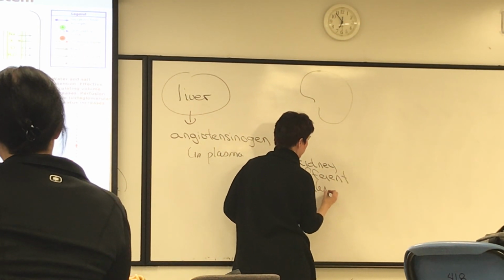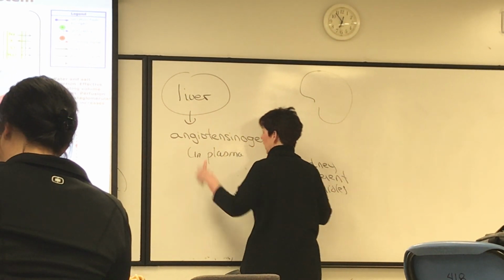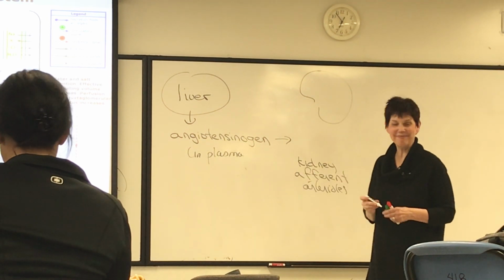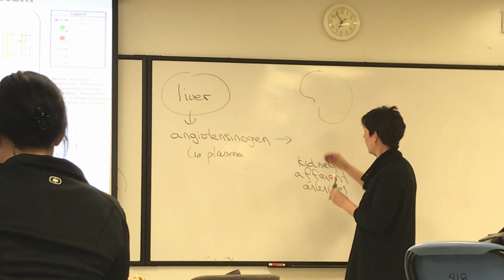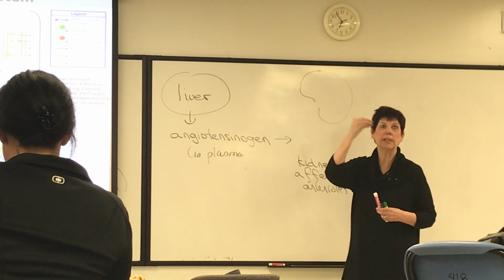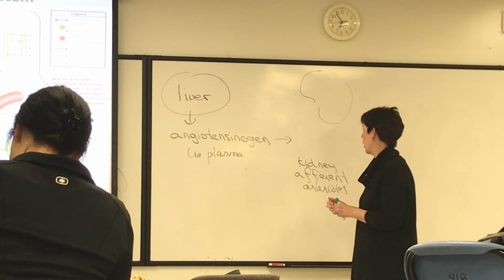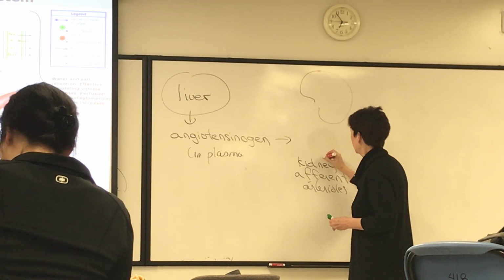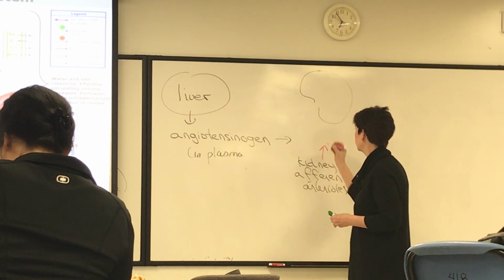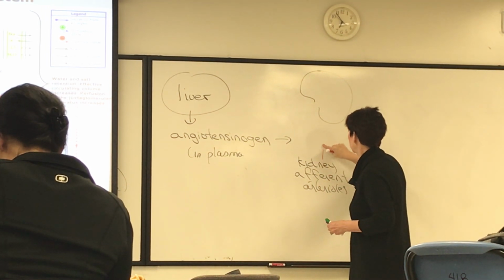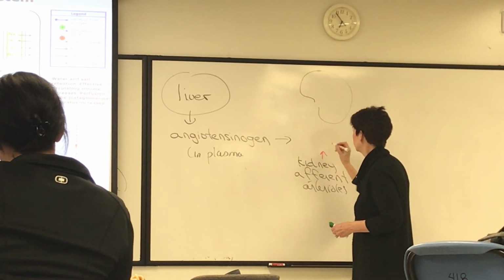And under those conditions that I talked about, currently behind our screen, if blood pressure is low in the afferent arterioles and our filtration rate is low, then the kidney's granular cells release the enzyme renin.